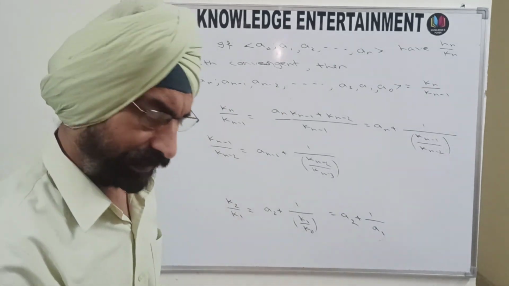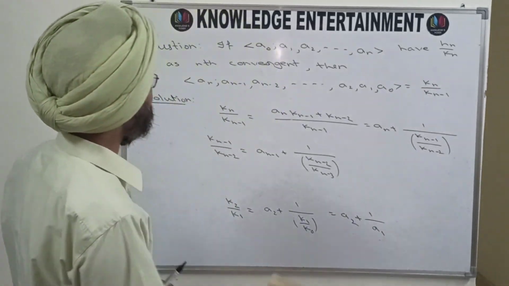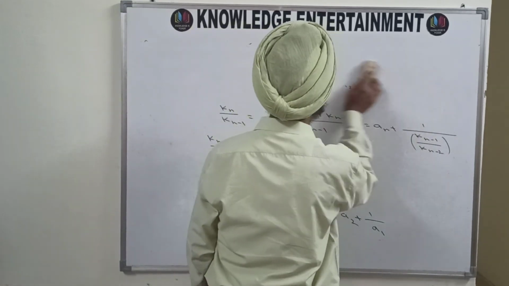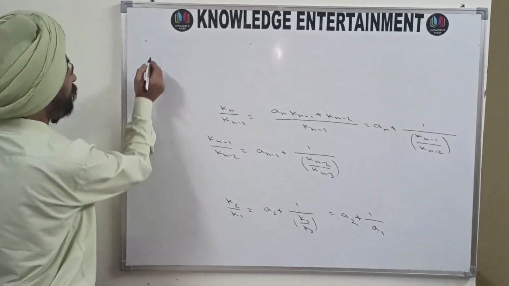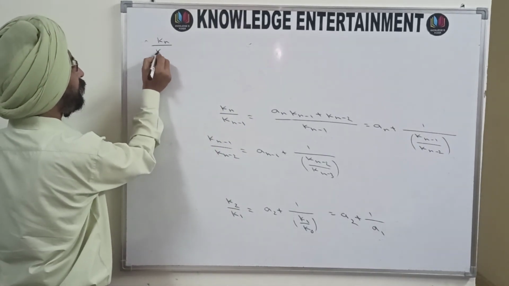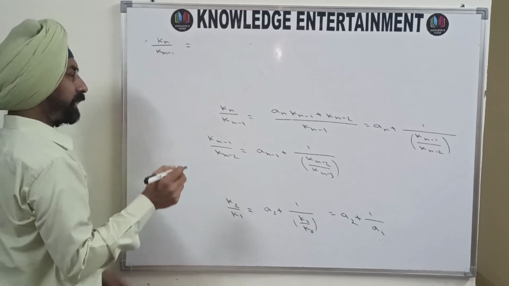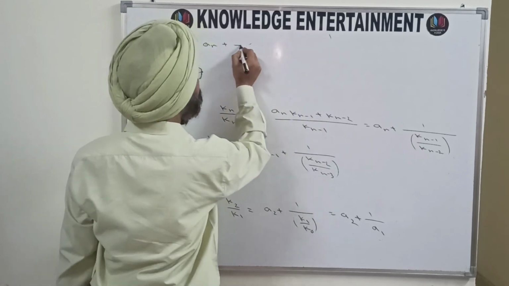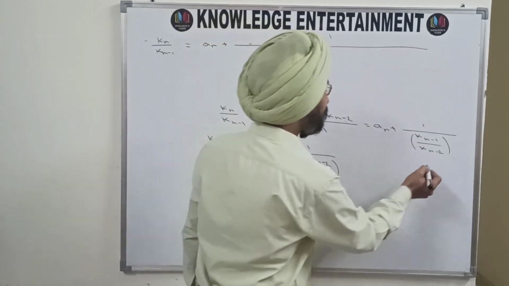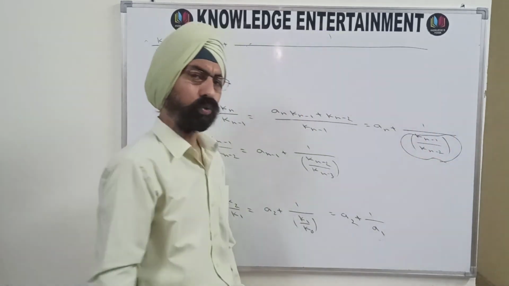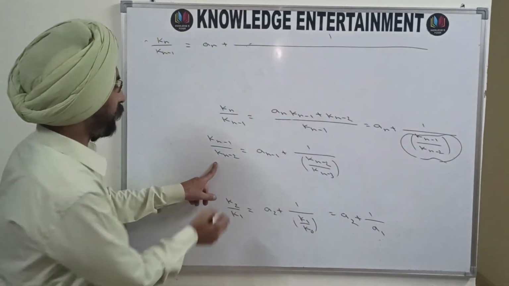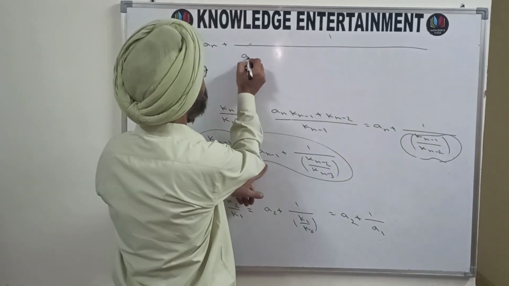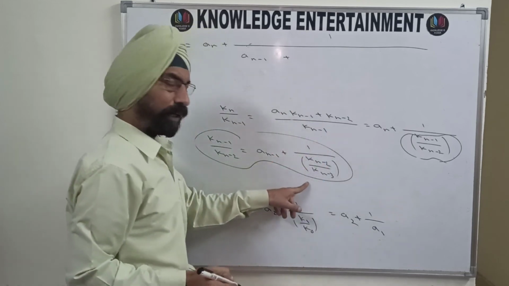And now finally, let us see what k_n upon k_{n-1} is. From the starting step it is a_n plus 1 upon k_{n-1} upon k_{n-2}. But the value of k_{n-1} upon k_{n-2} you can take from here: a_{n-1} plus 1 upon this.